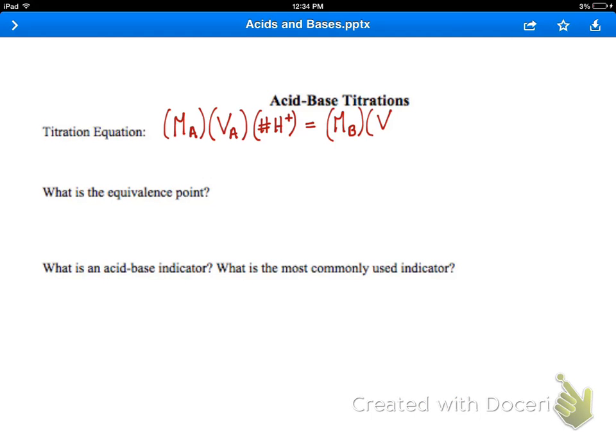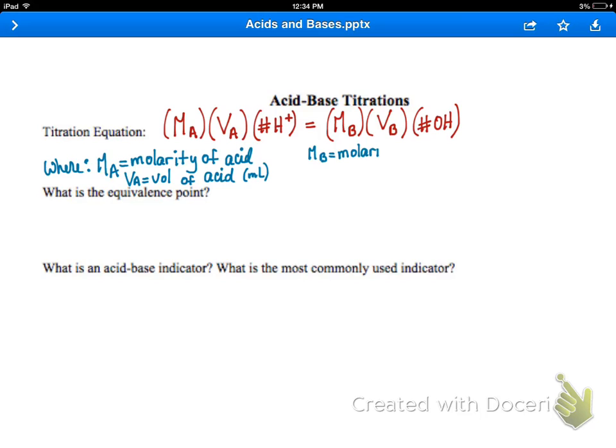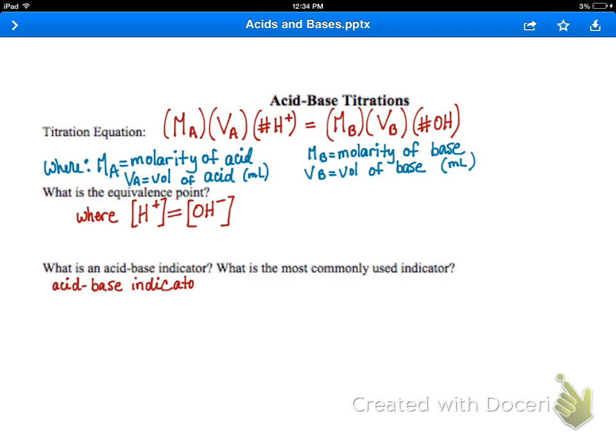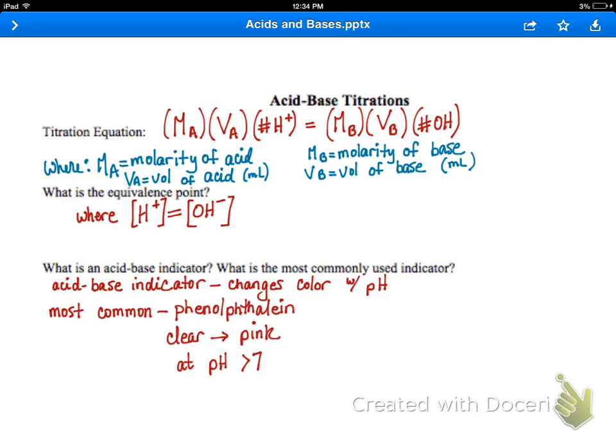Okay, so a titration is when we set up a reaction so that we can do a test to figure out one concentration by adding another acid or base of known concentration. The equation that we use for titrations is written up here, and it is the molarity of the acid, so the concentration of the acid, times the volume of the acid, times the number of protons in the acid.